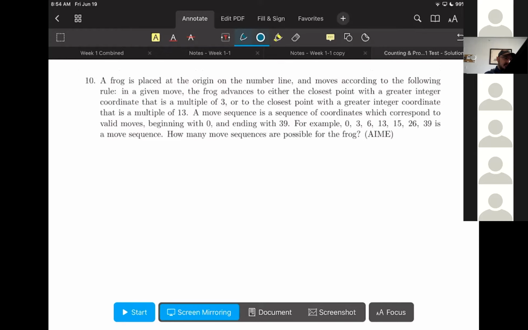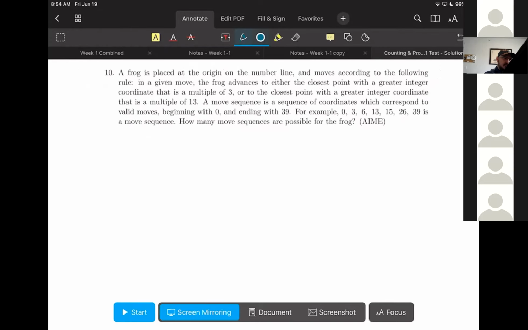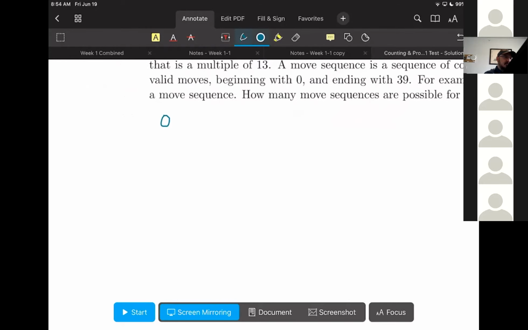One way that helped me think about this was I wrote down a tree. The frog has to start at 0. Then it could take a sequence of moves and arrive at 13, or it could take a sequence of moves and bypass 13. The way that it would bypass 13 is it would do 12 and then go to 15.